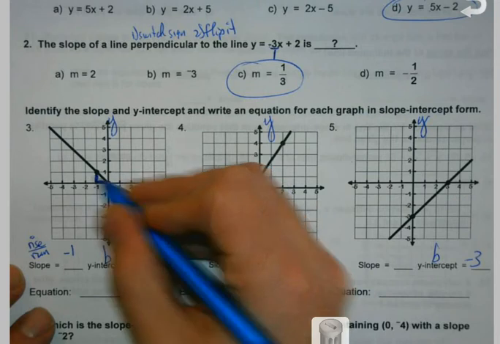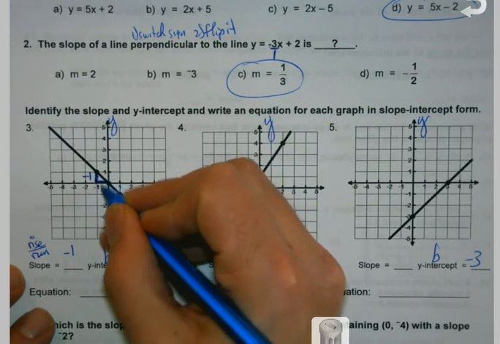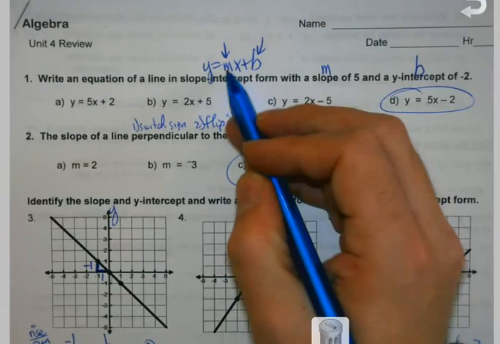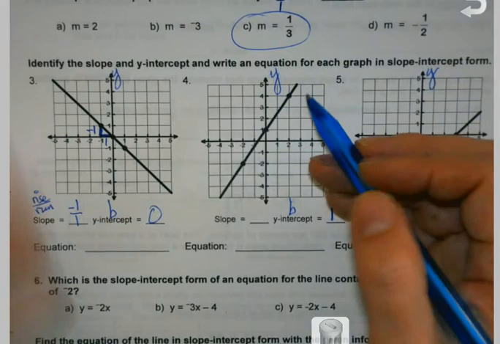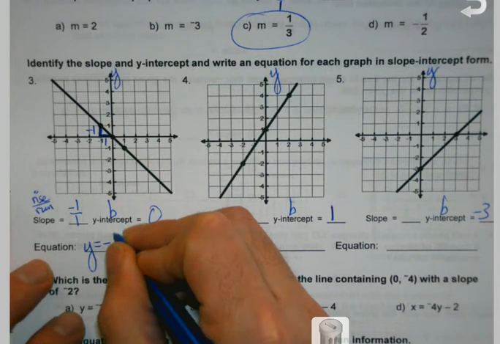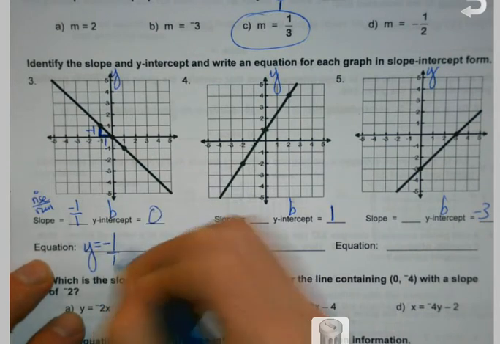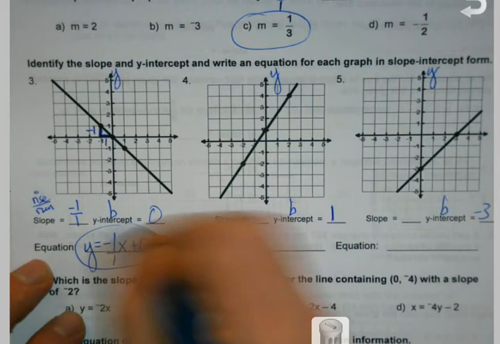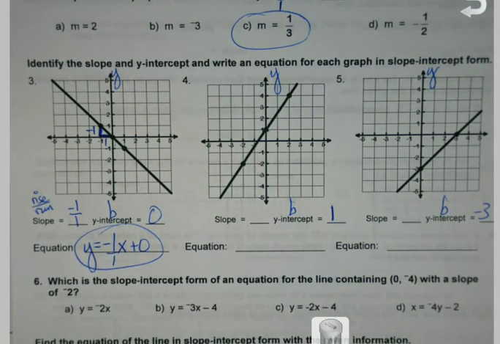But if I go right, that is a +1. So my equation then, just like when we'd mentioned up above, we're just plugging in for m and b. So when I do it here, y equals -1, or you could put -1 over 1, x plus b. And I'm good. Okay, but I have to do that part.